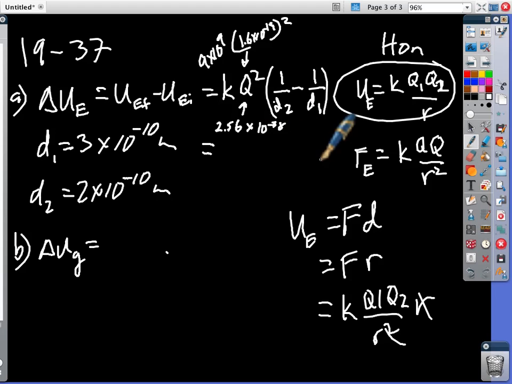And then over here, we have 1 over 2 times 10 to the minus 10 minus 1 over 3 times 10 to the minus 10. So 1 over 2 times 10 to the minus 10 is basically 0.5 times 10 to the 9th, or this becomes 5 times 10 to the 9th.